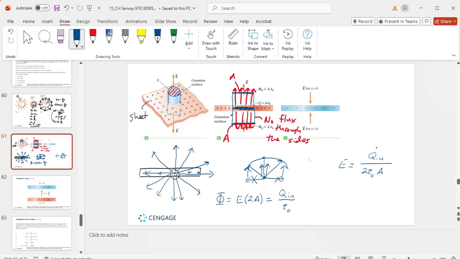But what I can do at this point is define a new quantity called charge density.